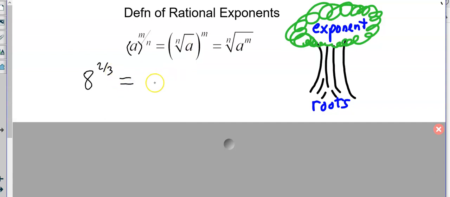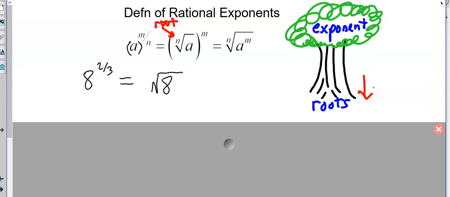And then there's radical form. So radical form, you can convert it into one of two things. So the 8 goes here. That's like your a. n is down low. So the 3, the root, understand the root or index of a radical is always right there in that spot. On a tree, the root is down low.